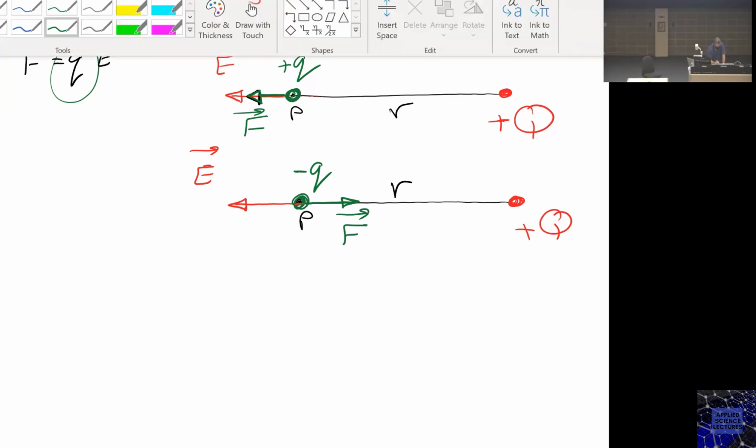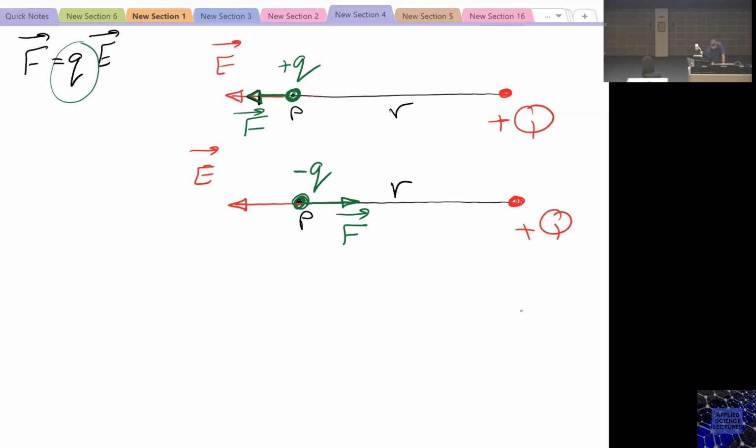Okay. Now I'll do the other two cases at the same time. But now this capital Q is negative.